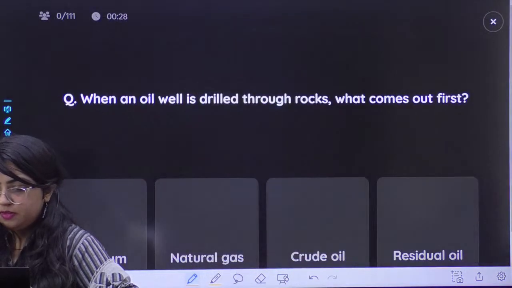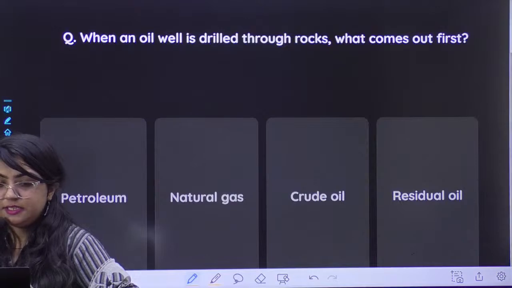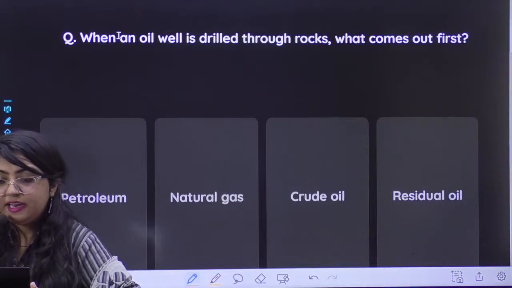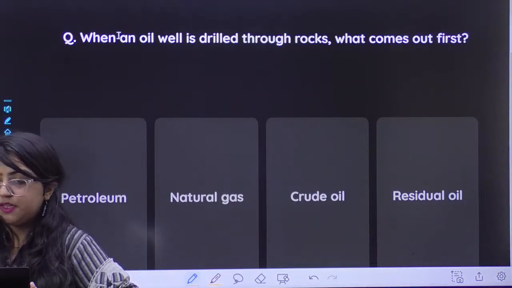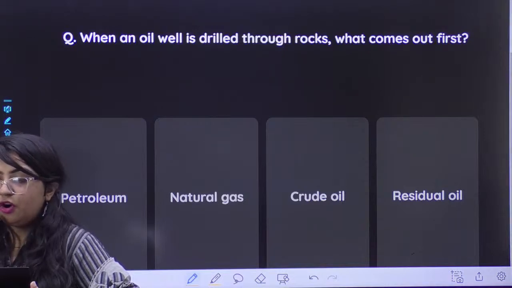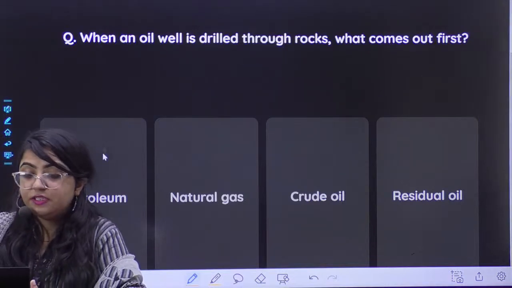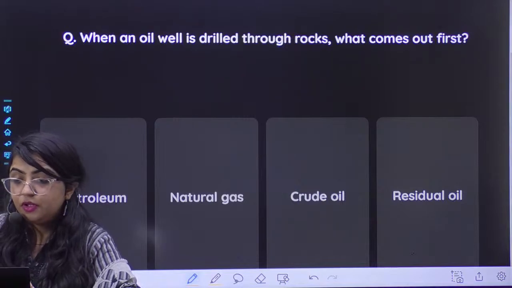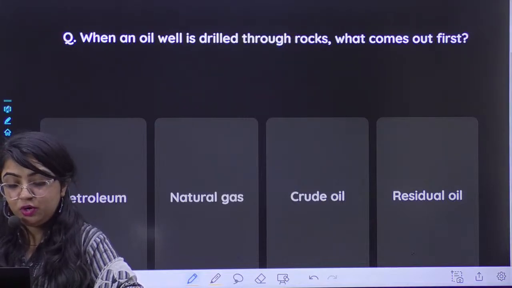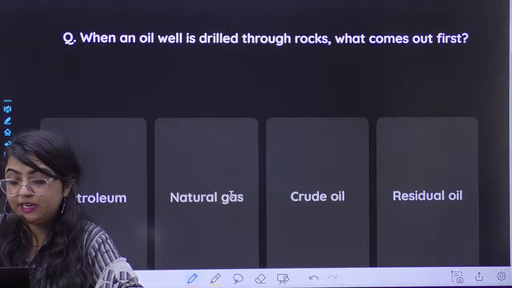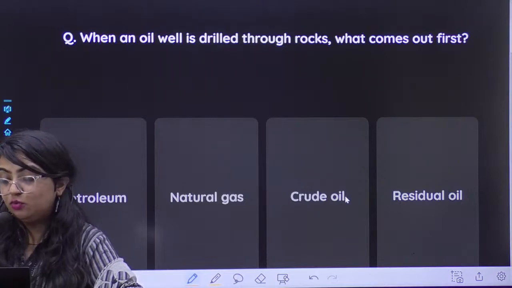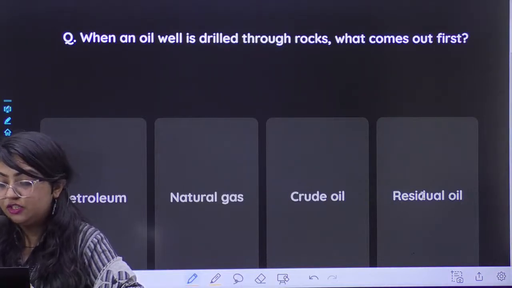Okay. So the next question is, when an oil well is drilled through rocks, what comes out first? Option A is petroleum, option B is natural gas, option C is crude oil, and option D is residual oil.